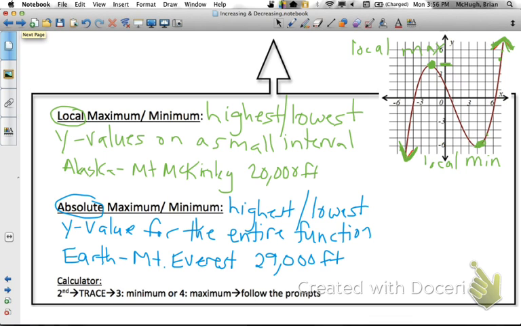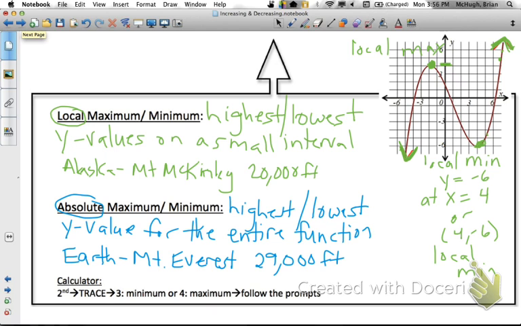Sometimes we would say the local minimum is y equals -6, and that happens at x equals 4. Or sometimes we'll simply say the point (4, -6) is a local min. That's one way to write that.